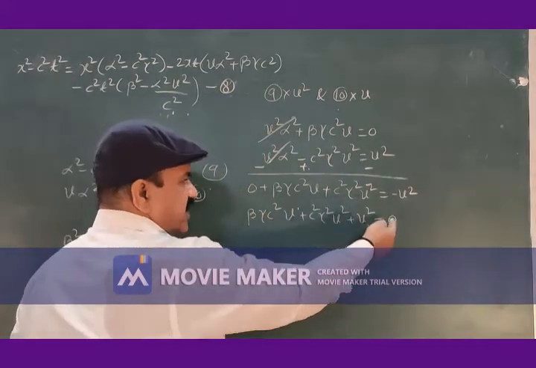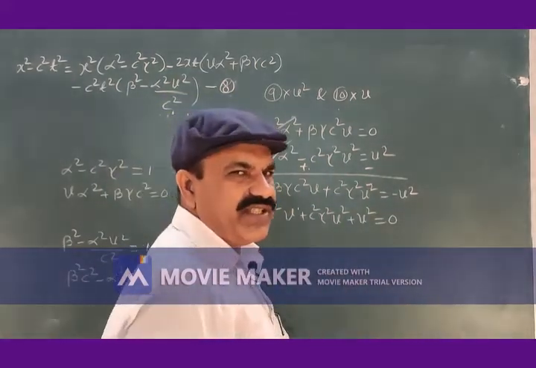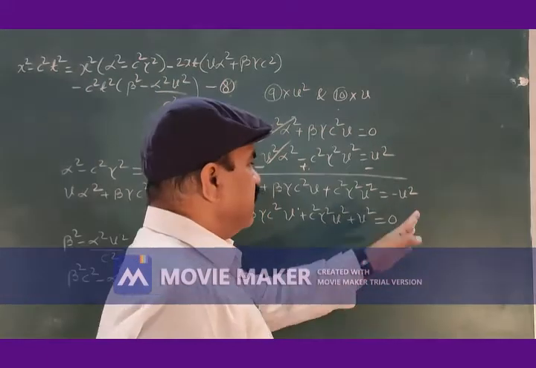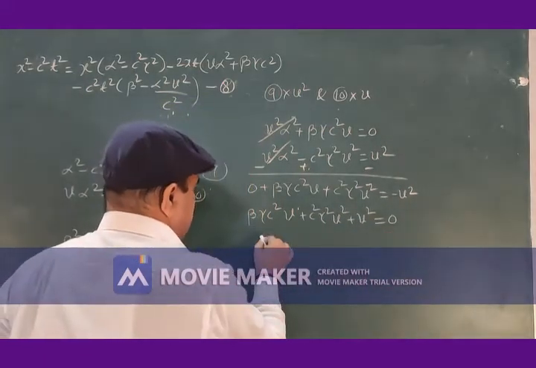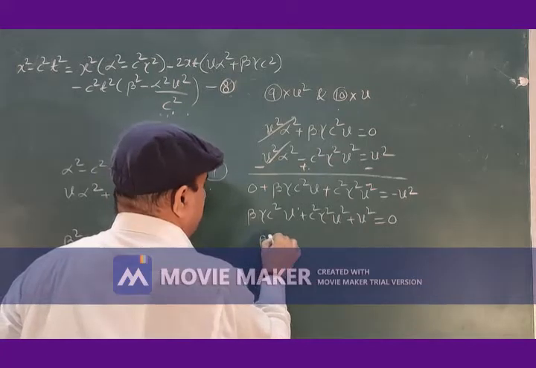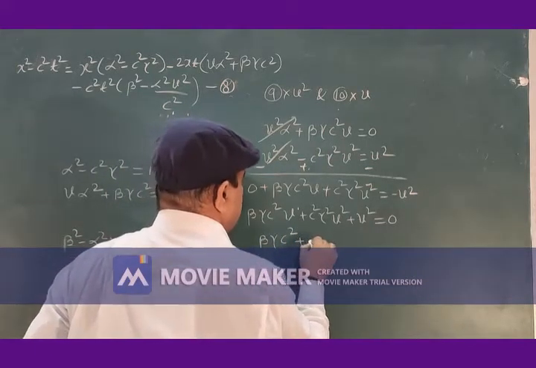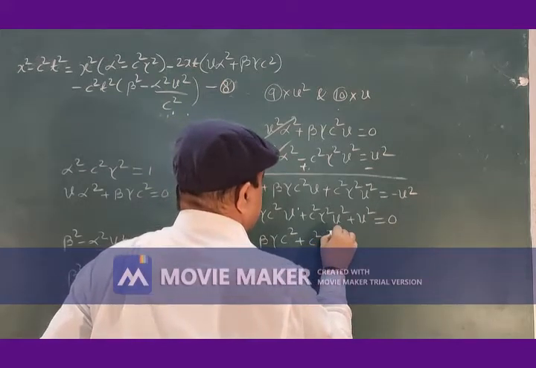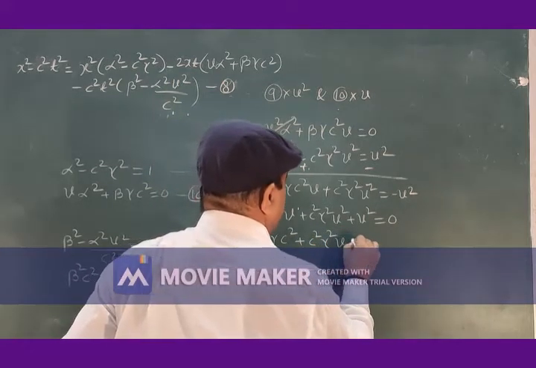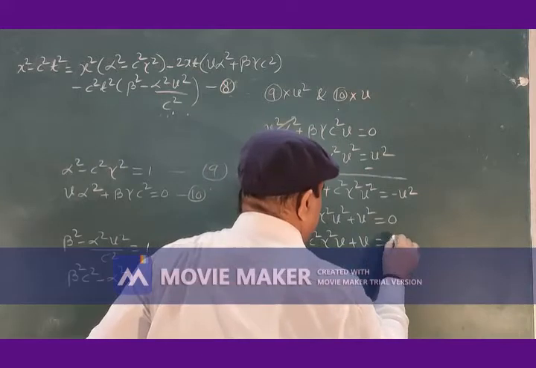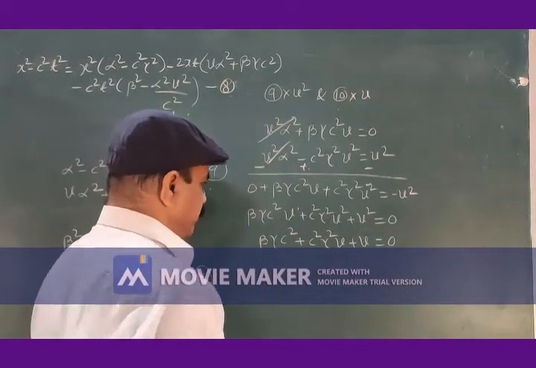If v is sent to the other side, it becomes 0 as it is; there won't be any change in the value of the RHS. This equation will be beta gamma c square plus c square gamma square v plus v is equal to 0.